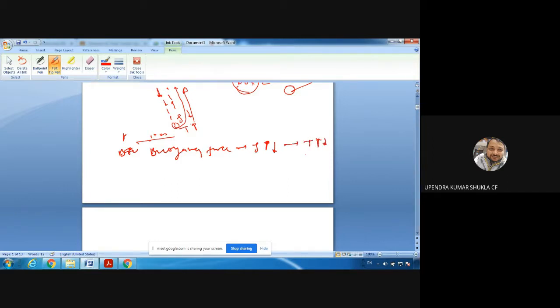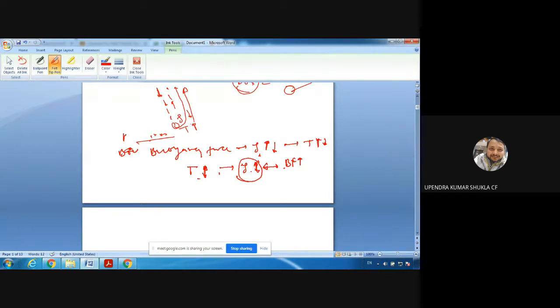Let me write it down. Due to temperature variation, you will find density variation, up or down, both ways, and due to density variation, you will find buoyancy force generated. Now, this is one effect of the temperature variation.